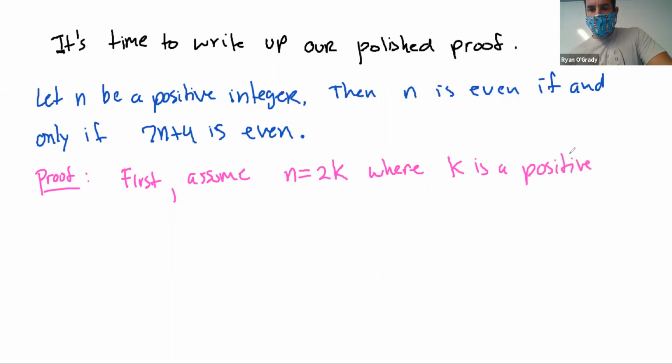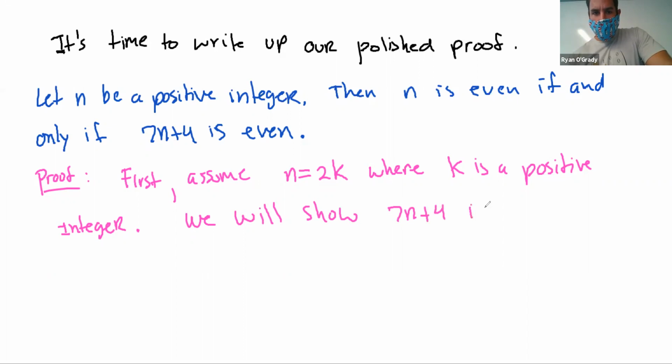Well, that is the definition of n being a positive integer that is even. So what we will do is we will show 7n plus 4 is even.